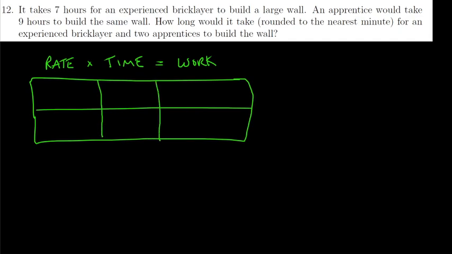How quickly one works, right? So for the experienced bricklayer, it takes 7 hours to build the wall. And so how much of the wall gets built in 1 hour is 1/7. 1/7 of the wall per hour.